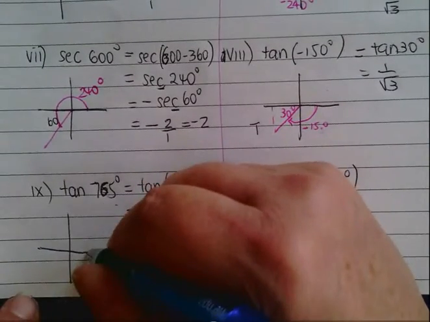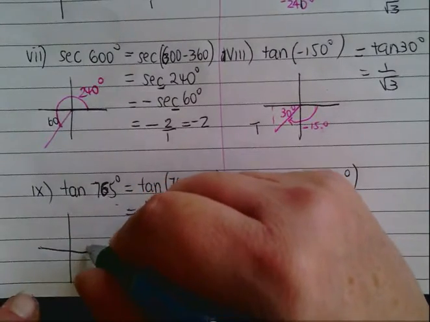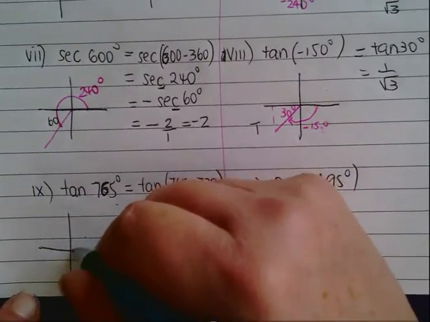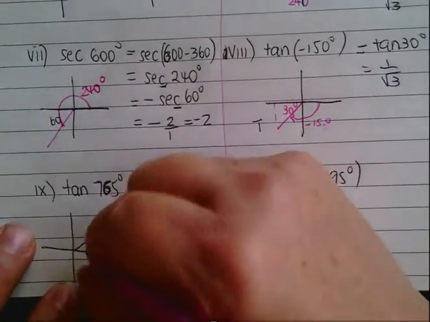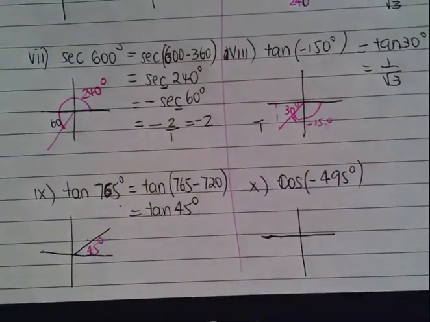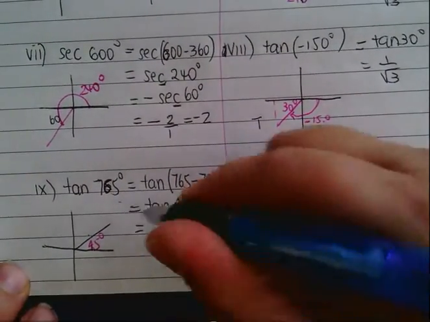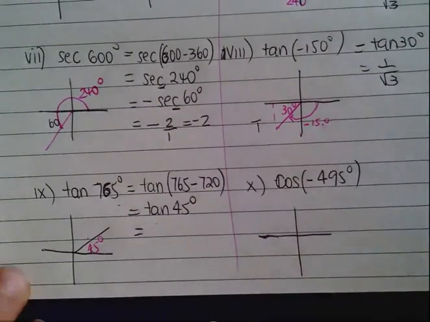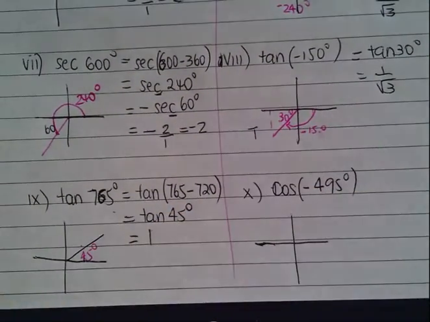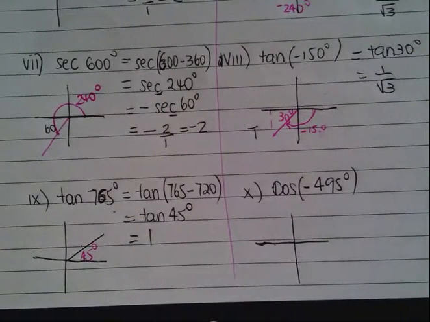See, 360, 720, and we keep going another 45. All good? All stations to central, it's positive. What is it? What's tan of 45? Great. And the last one, be careful.